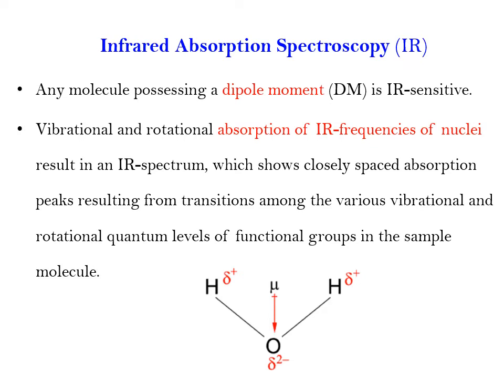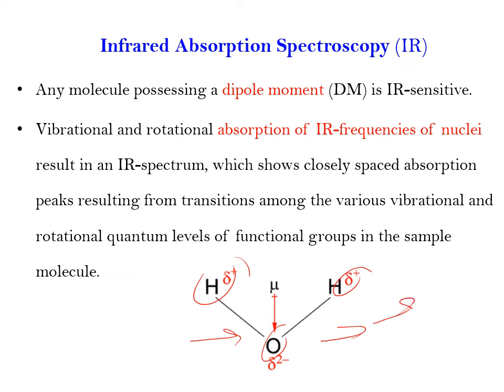As an example, you can see the water molecule has a dipole moment because of a separation of negative and positive charges. So this molecule possesses a dipole moment, and it is IR sensitive.